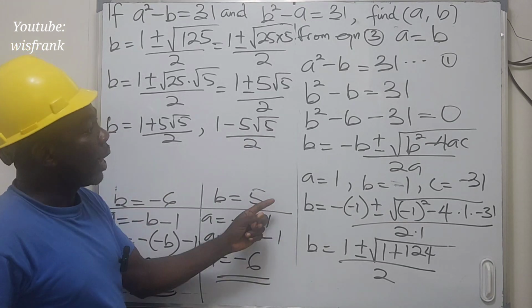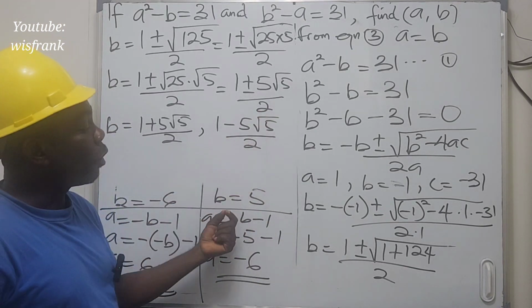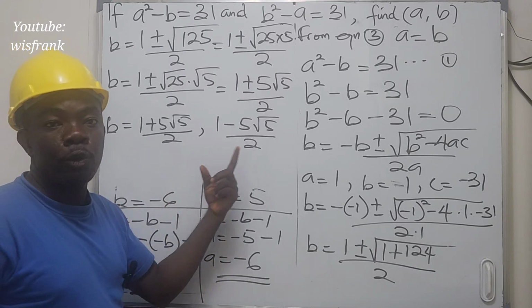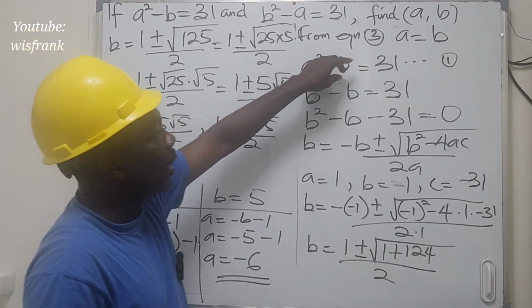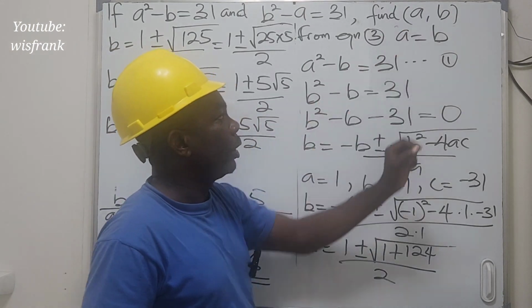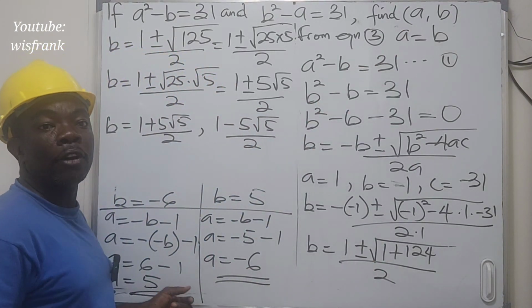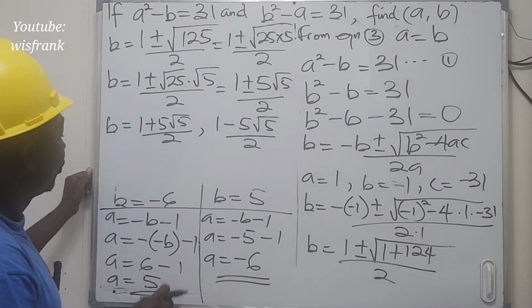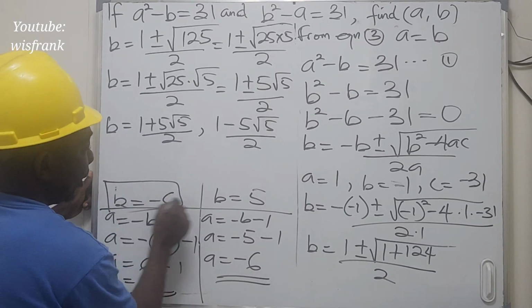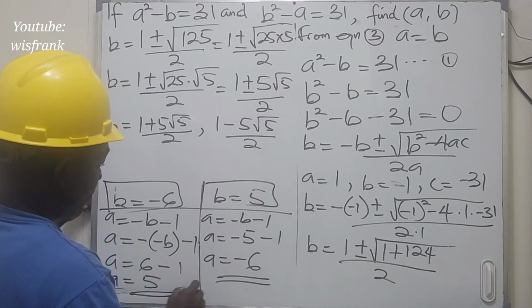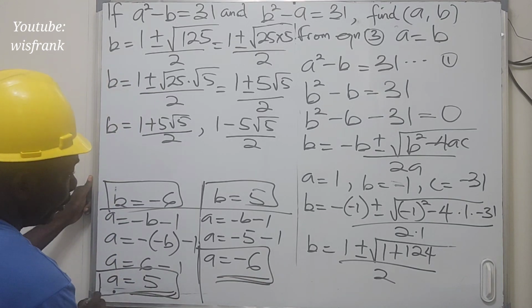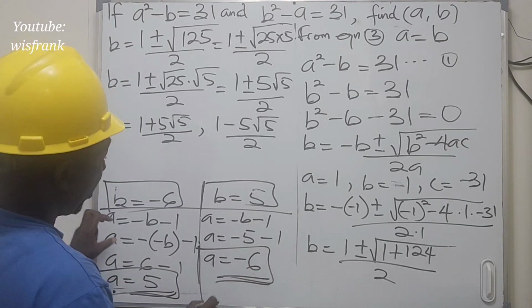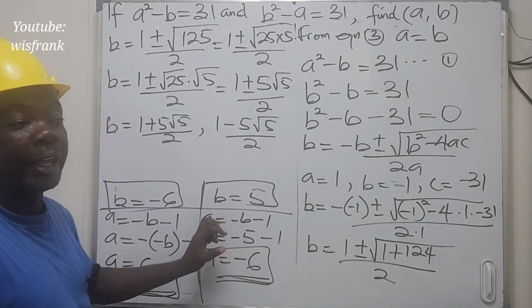Recall that we had our value of a from equation 3, a equals b. So because we are asked to find the value of ab, we are going to spell out all the values of a and b that we have. So here we are going to spell out all the values of a and b.